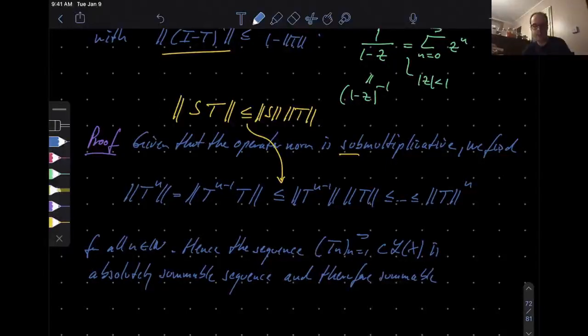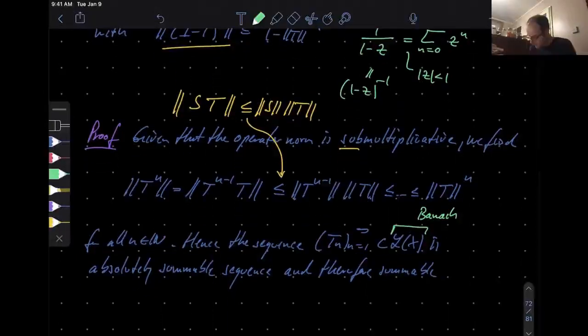Right, there was a theorem: a normed linear space X is complete, aka a Banach space, if and only if every absolutely summable sequence is summable. Yeah, but since here we start with a Banach space X, that means this guy here is a Banach space. And since we have an absolutely summable sequence, why is it absolutely summable? Well, because of the geometric series.